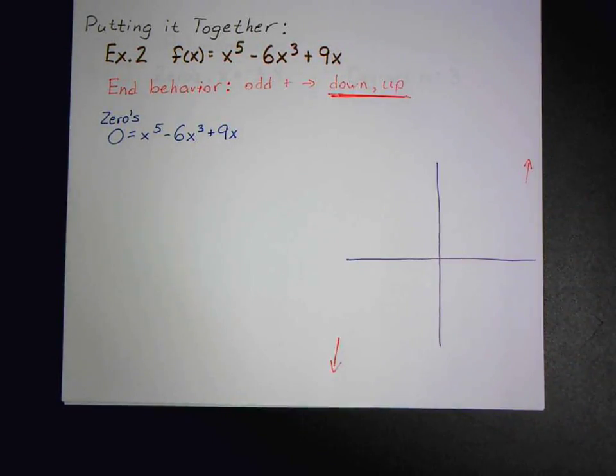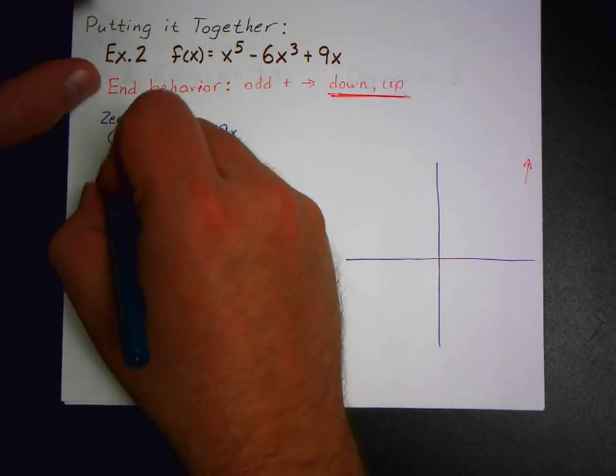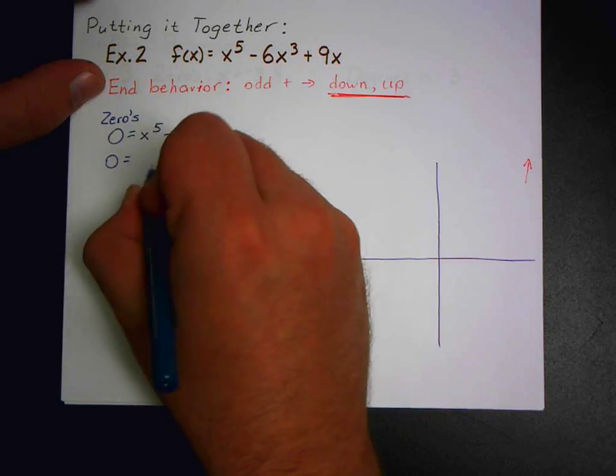Okay, so you pretty much have to use whatever you can in order to get your answers. Well, to start off, I see that I can pull out an x. They all have an x in common.